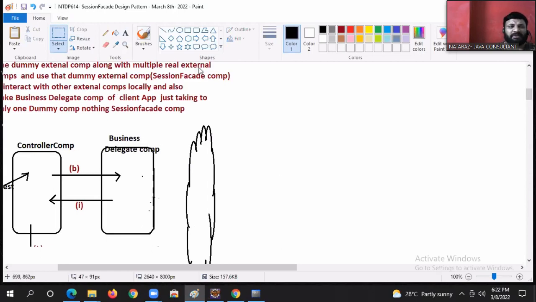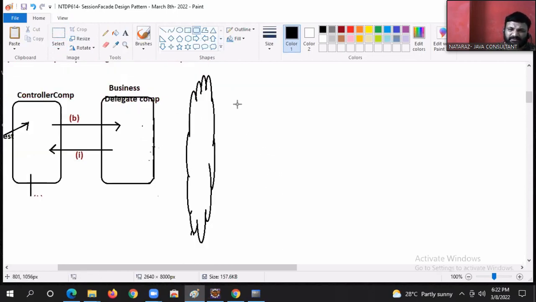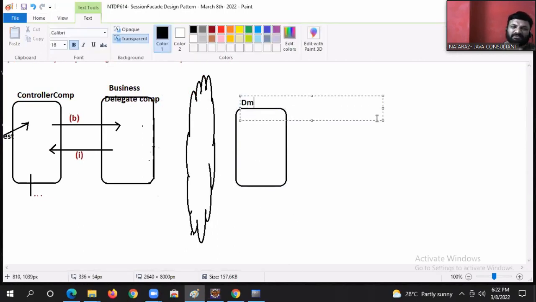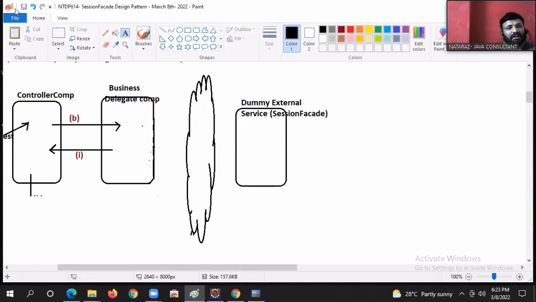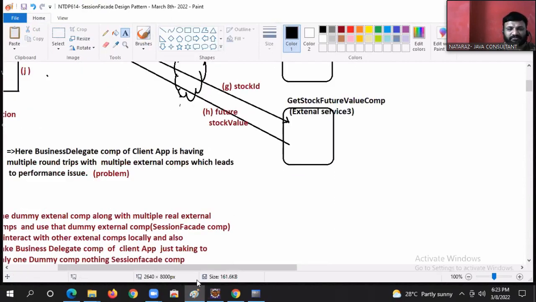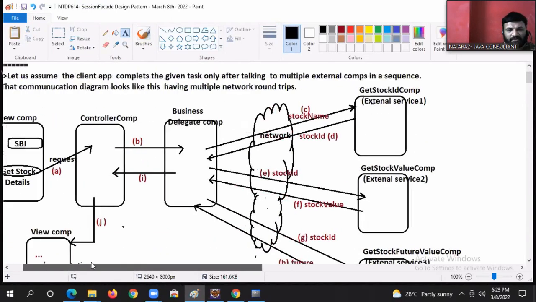Nice. Tell me here, what is that? This is my dummy component. A dummy external service, guys. Nothing but SessionFacade. Right, boss.